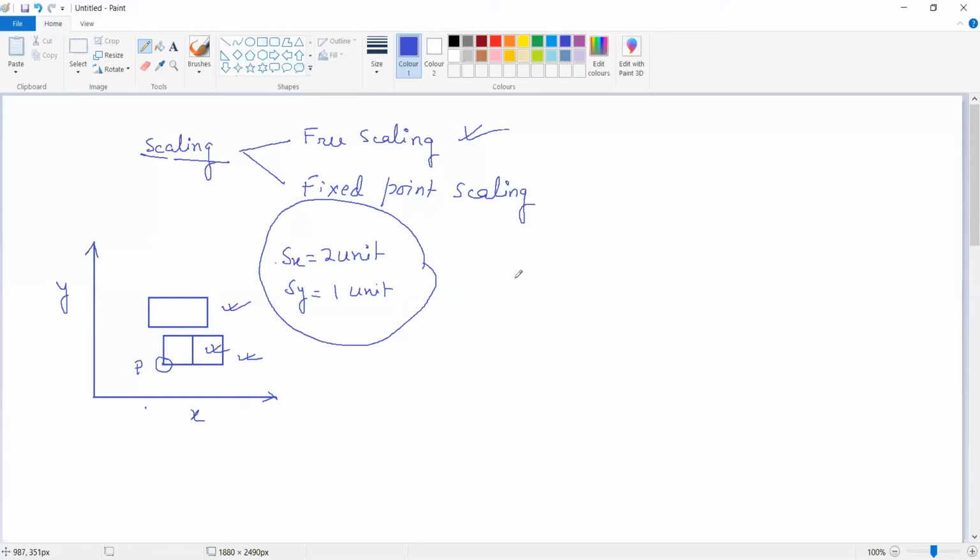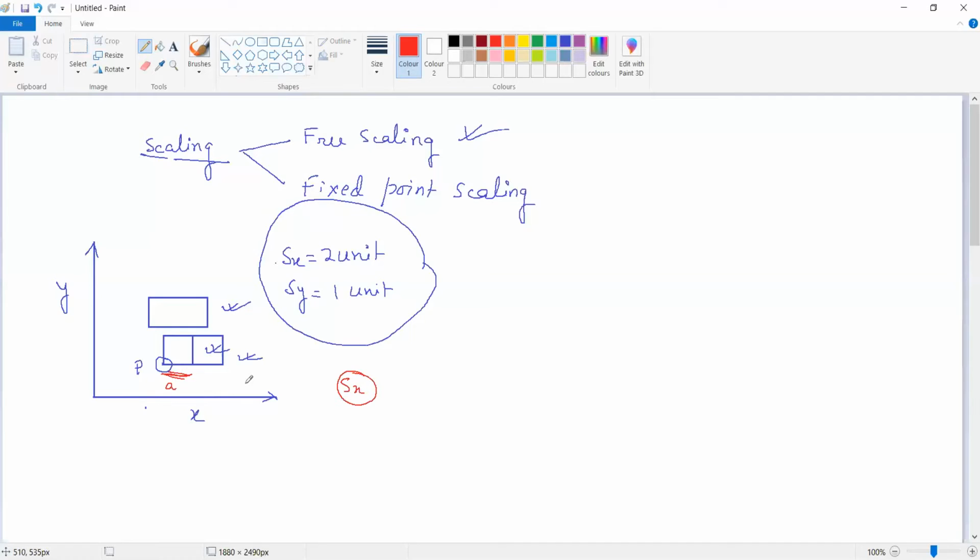Okay. So as you know, if you want to scale the object, what will be the scaling transformation matrix? Consider that initially the length of this particular side is a unit. Now you want to scale by Sx units.